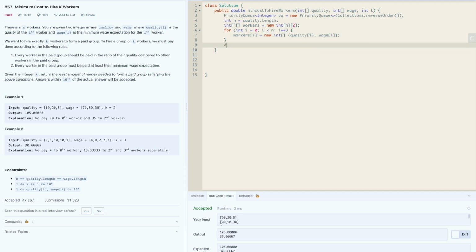Okay, and now we want to sort it based on its unit price. So we're going to sort workers and give a comparator.